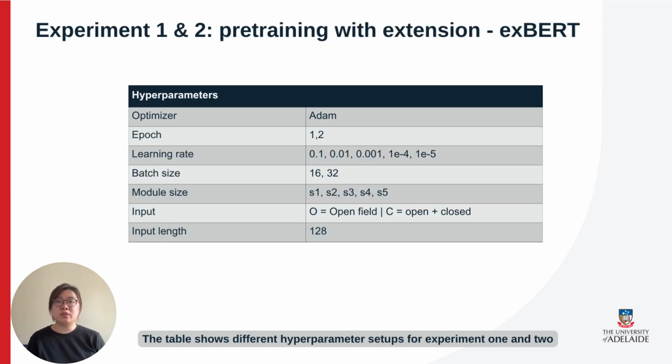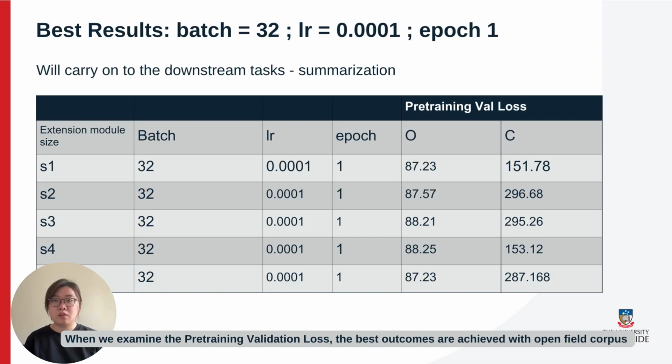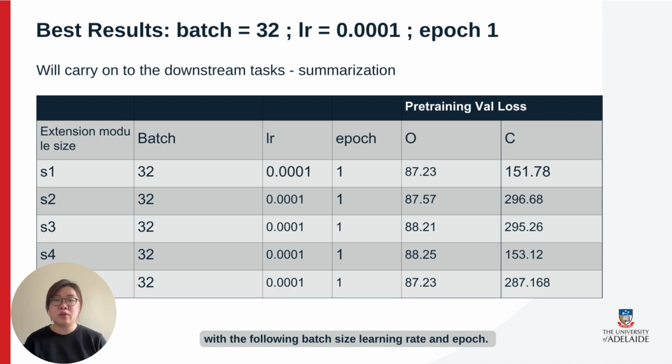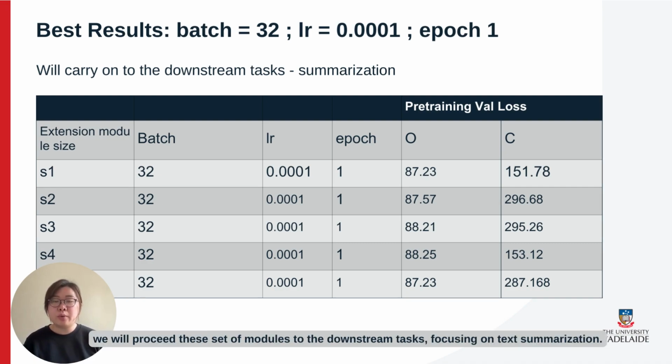The table shows different hyperparameter setups for experiments 1 and 2. When we examine the pre-training validation loss, the best outcomes are achieved with open field columns with the following batch size, learning rate, and epochs. We will proceed with this set of modules to the downstream task, focusing on summarization.